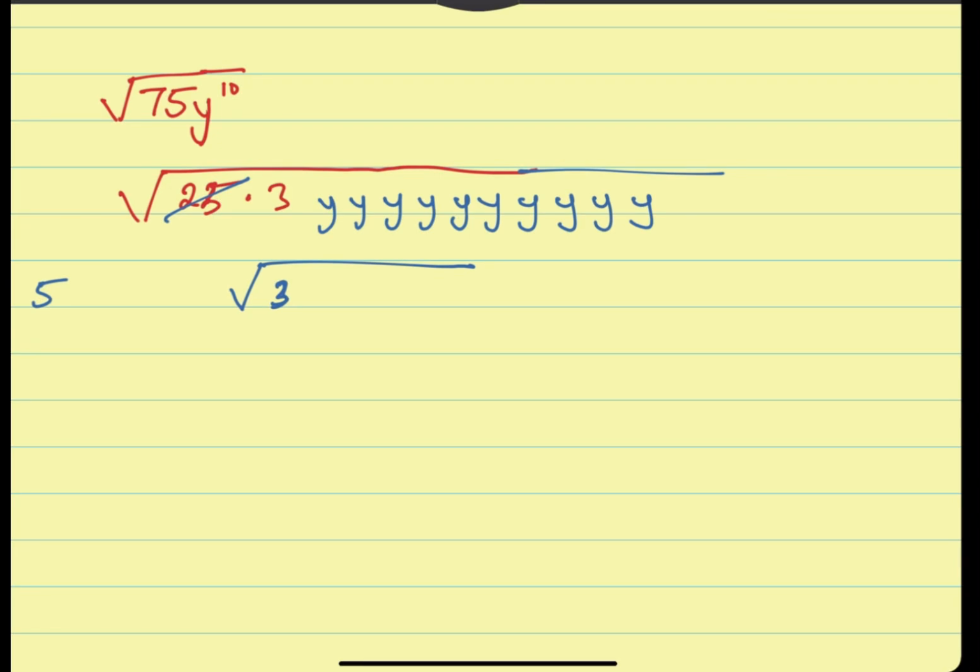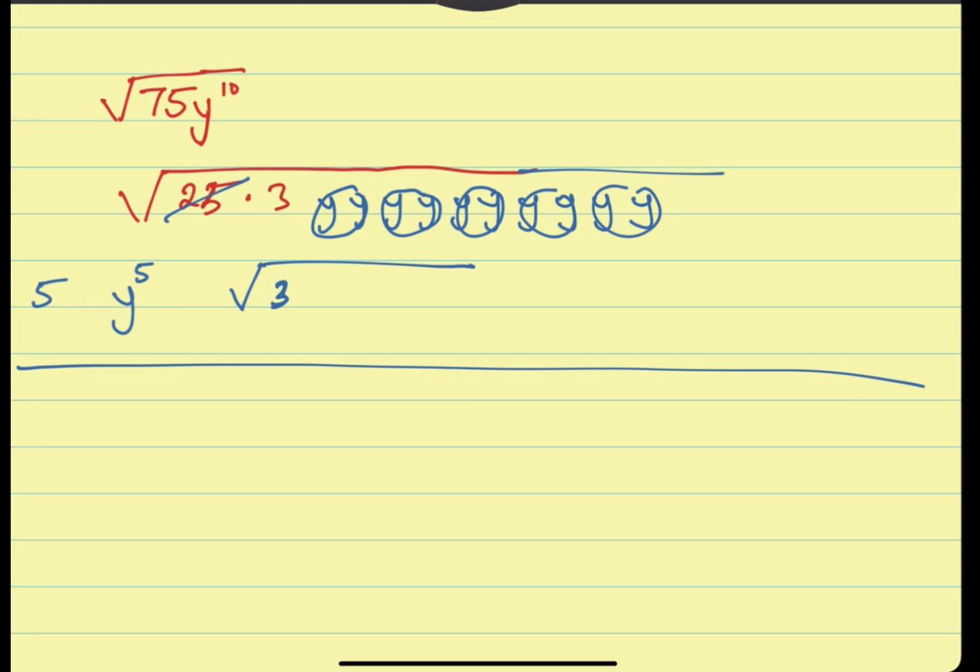Twos. How many groups of 2 can we make? 1, 2, 3, 4, 5. 5, not 6. So it's y to the power of 5. And that's your answer. So 5y to the power of 5 radical what? 3.